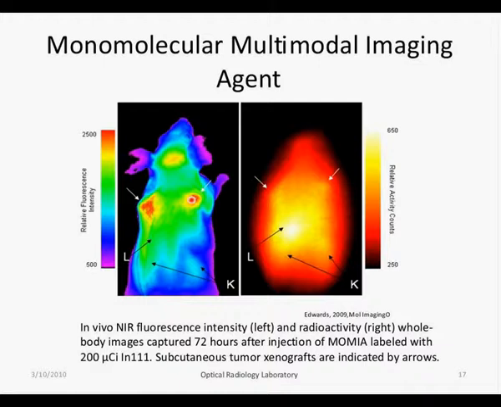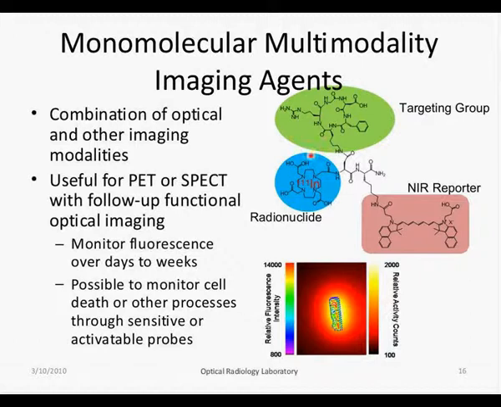So we did make this contrast agent. This is from Sam Achilefu's group, who is the director of the optical radiology lab, and this agent was made here in our lab.